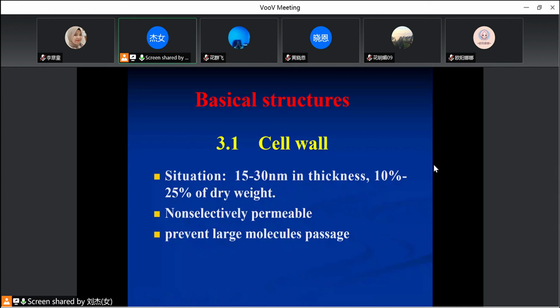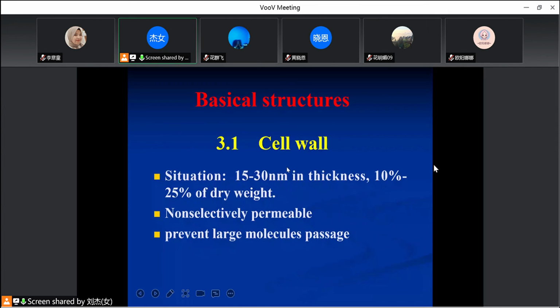First, the cell wall can help the bacteria gain much more resistance to the environment. Second, the cell wall can give the bacteria a very typical character.